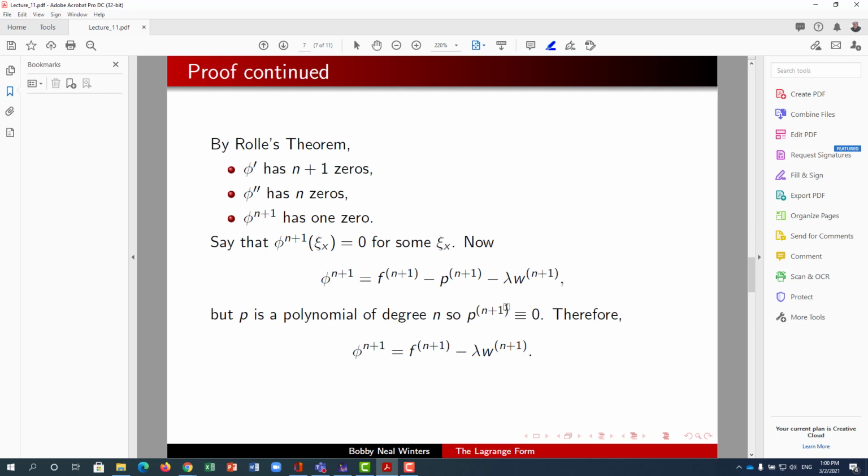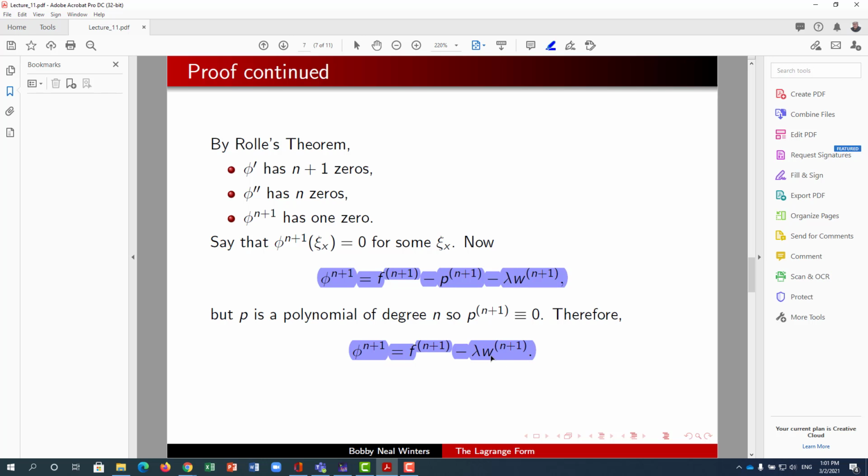Take the derivative of it n plus 1 times, and you get that the n plus first derivative of phi is the n plus first derivative of f minus the n plus first derivative of p minus lambda times the n plus first derivative of w. Now, p is a polynomial of degree n, so if you take its derivative n plus 1 times, it's just gone. So we've simplified this expression to be this one.